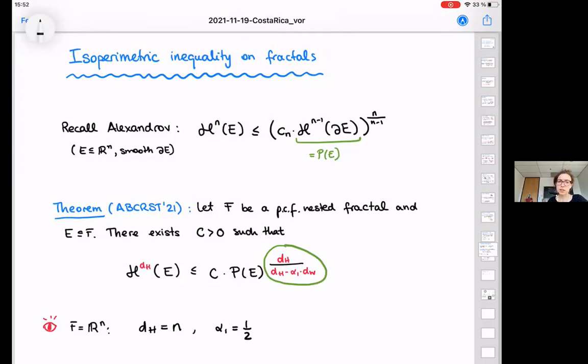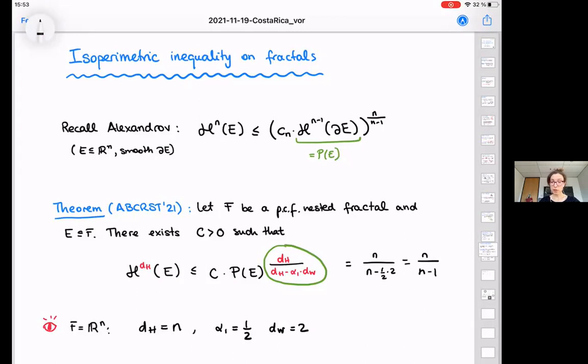And in the particular case of the Euclidean space, we also know that this walk dimension equals 2. So interestingly, if we look at what this number is, it is n divided by n minus a half, times 2. So we get n divided by n minus 1. And this made us very happy, because this means the theory actually really works. It coincides with what it should be in the Euclidean case.